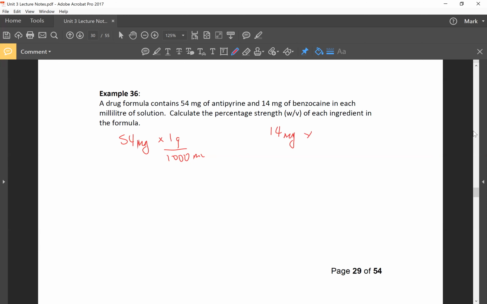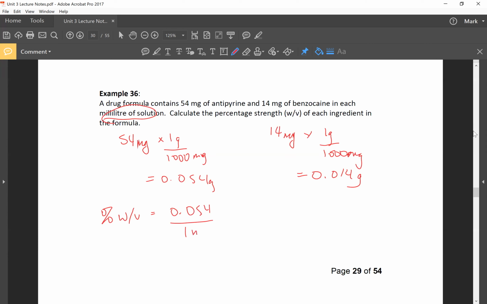I don't know why I'm doing this one because it is pretty much the same thing. Oops, mg, there we go. All right, so I would get 0.054 and I would get 0.014. It's in each milliliter of solution, so my percentage of my weight and volume is the same calculation, exactly the same as I did before.